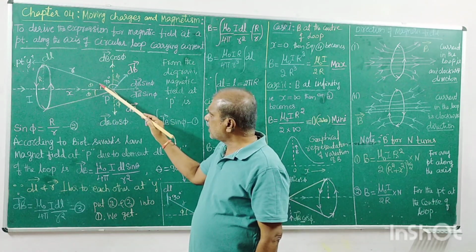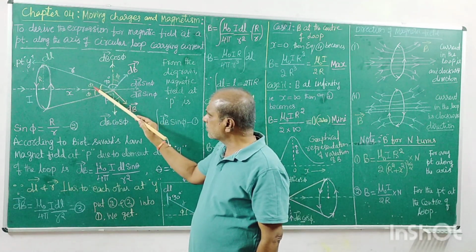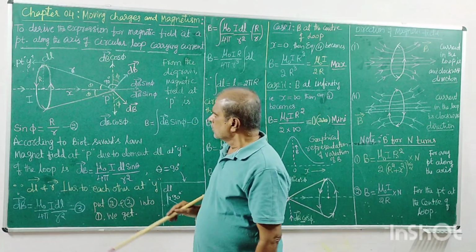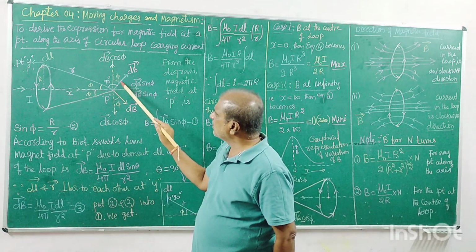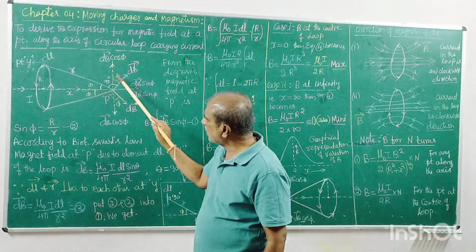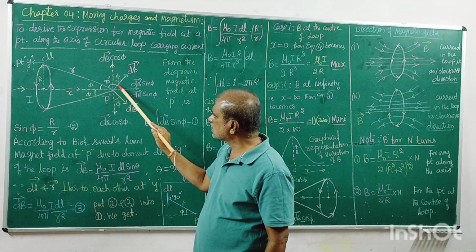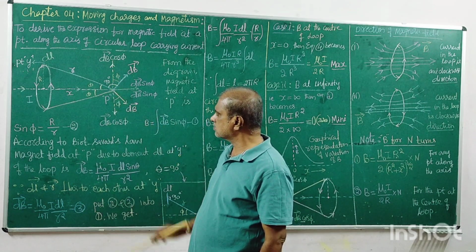If this line makes an angle phi, because I am using phi, theta is already used, then this line with the y axis should make angle phi. Like this, because these two are perpendicular.